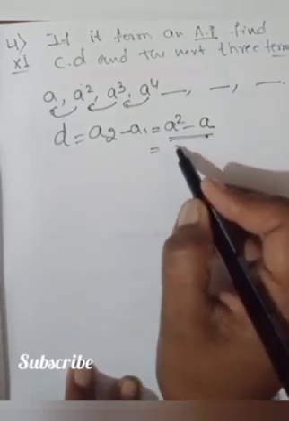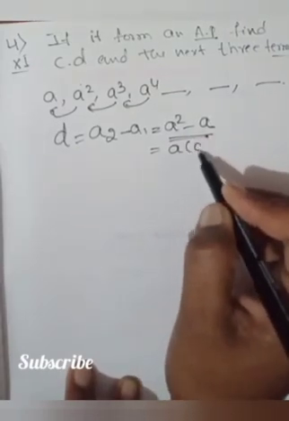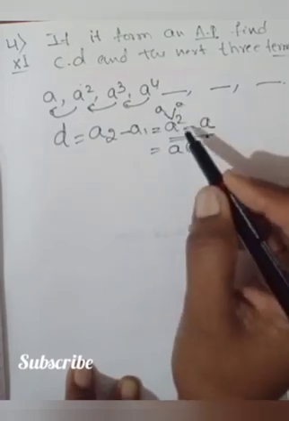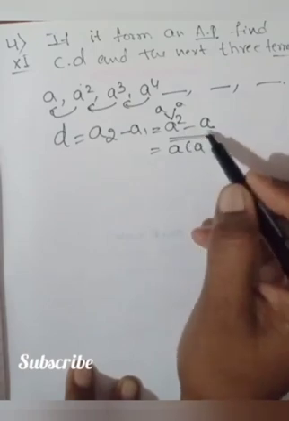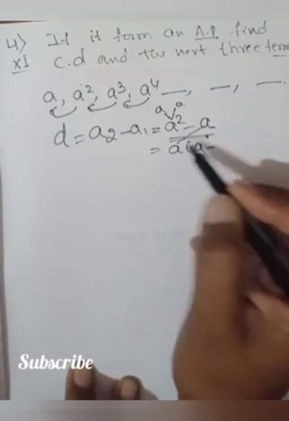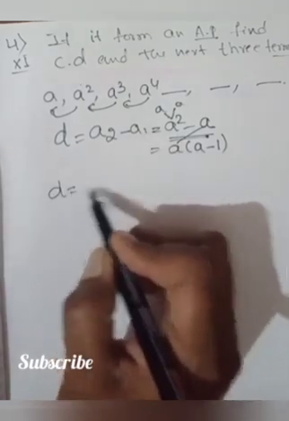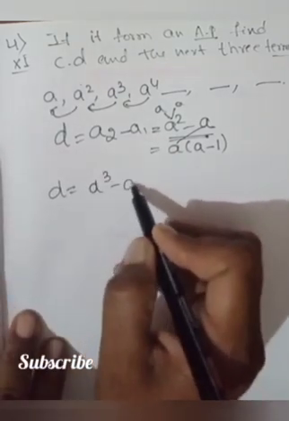We cannot subtract directly, but we can simplify this way. If we take one A from outside, A square has two A's, so we get A into A minus, and what has come outside, nothing remains, means 1 you have to write. Okay, next difference is what? A cube minus A square.